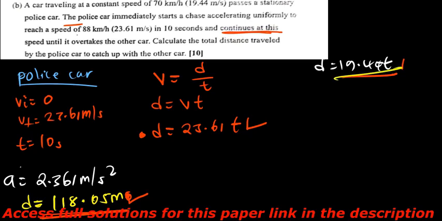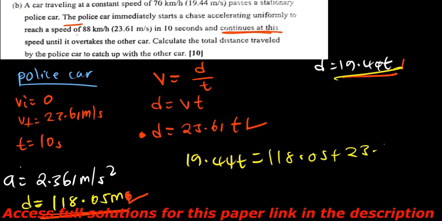So now when I add this, 19.44 times t should be equal to 118.05 plus 23.61 t, like that.